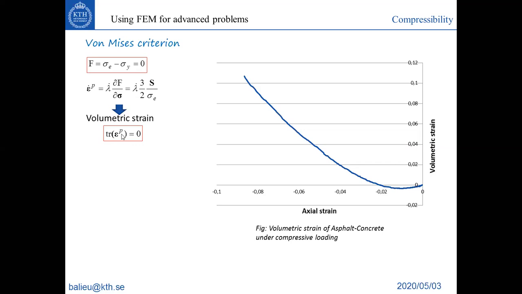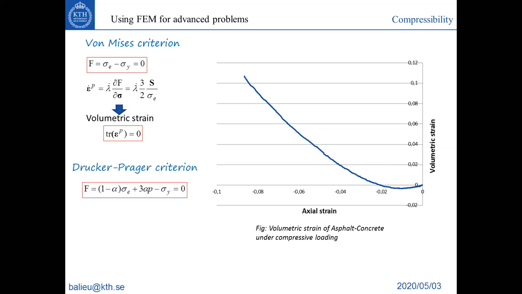You can deform your material up to fracture, and the plasticity will not make an increase of volume. Of course you have a small increase or decrease of volume due to the elasticity, due to the Poisson effect, but not due to the plasticity. This is due to the mathematics of the von Mises criterion, because the evolution of the plastic strain depends only on the deviatoric tensor, only on the stress coming from change in shape, not in volume.